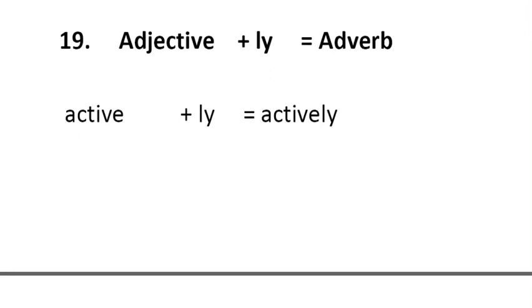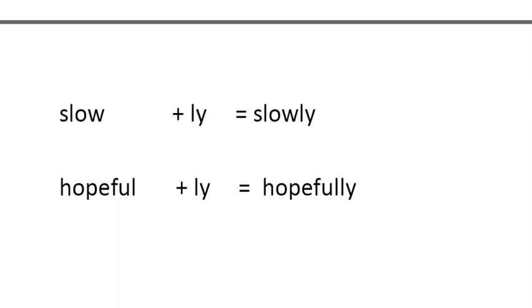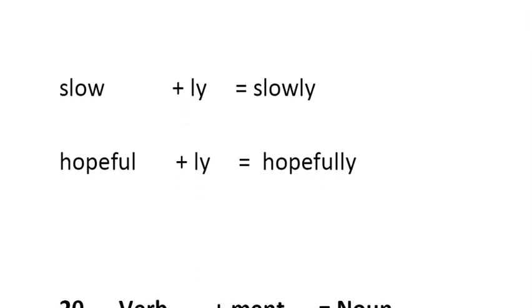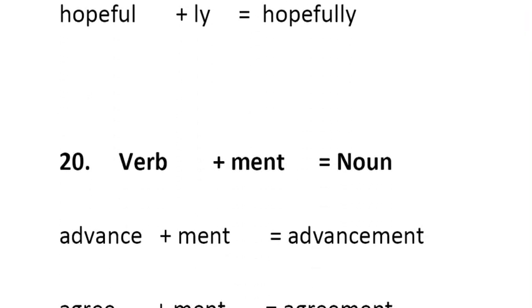So in this way we find slow plus ly, slowly, hopeful plus ly, hopefully. So suffix ly is added with the root of a word, then it becomes adverb.